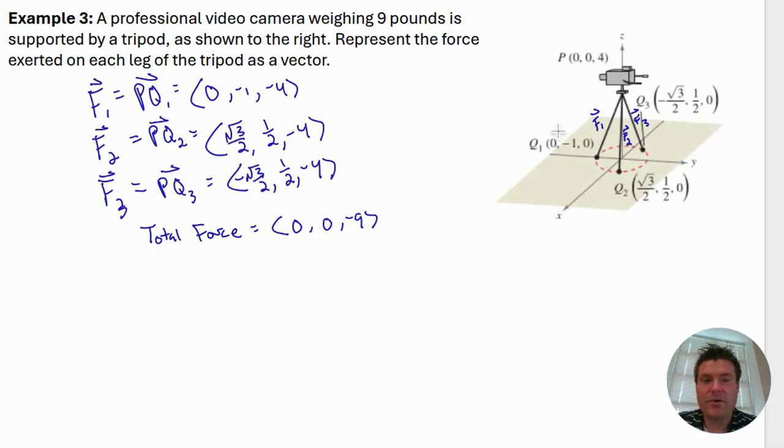So now, it's safe to assume, since these are all going to be the same length, that the force is going to be the same in every single leg. So we can write that the total force here, which is just F, not just F1 or F2, is going to be the same thing on each one of these.